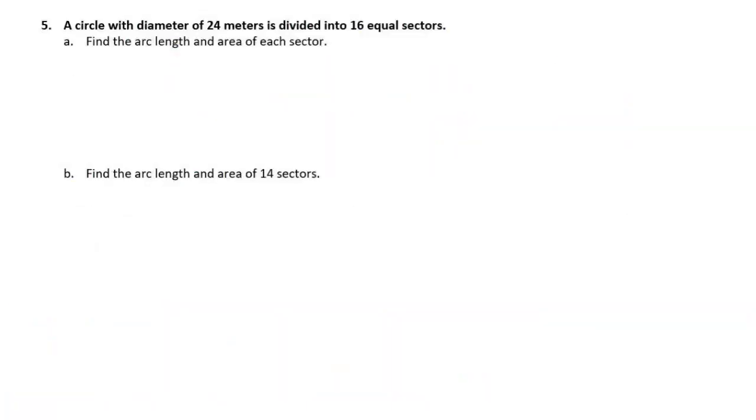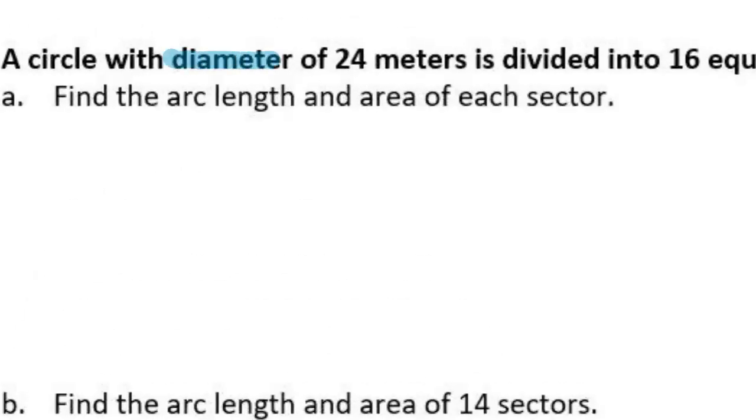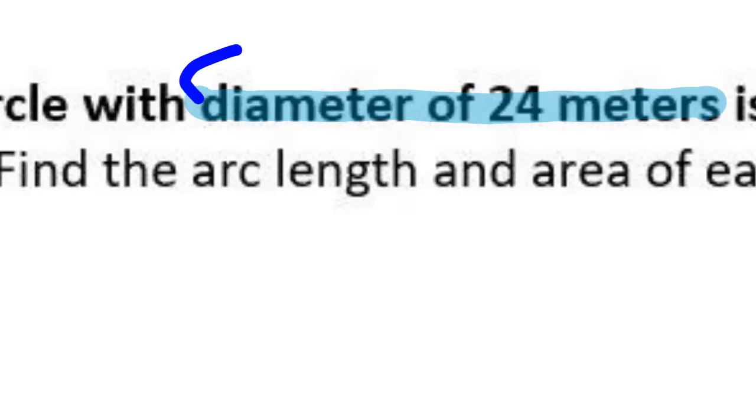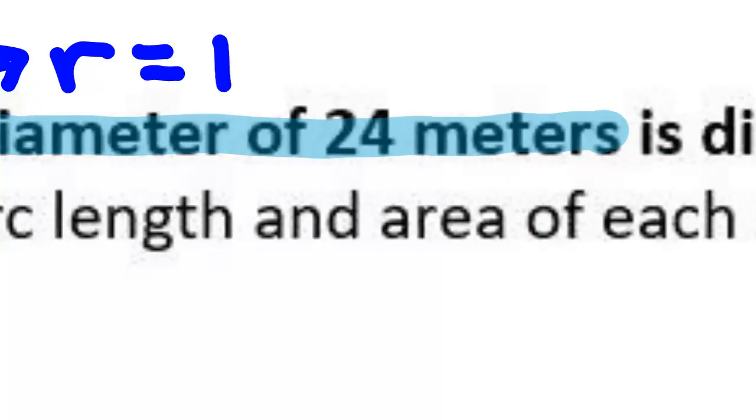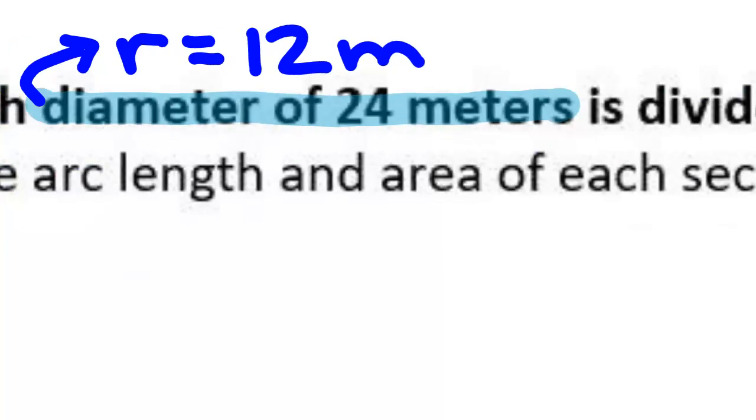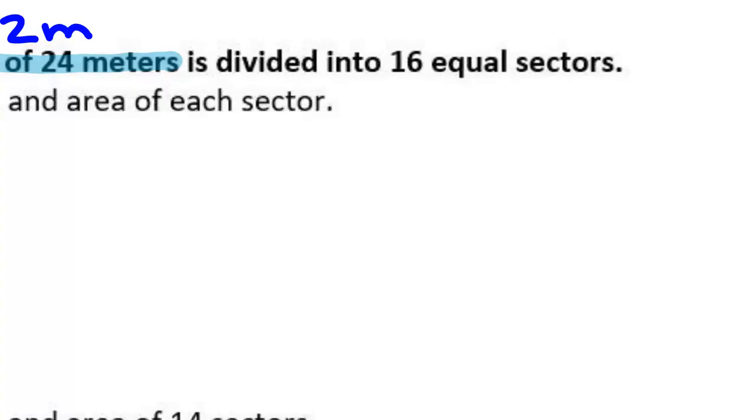A circle with diameter of 24 meters. I'm going to highlight that. That seems like it would be important. If the diameter is 24 meters, then how big is the radius? 12 meters, half, right? And it's divided into 16 equal sectors.